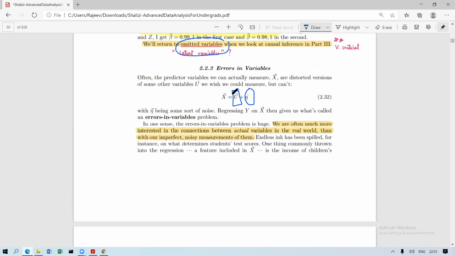So even the optimal predictor of y on x will be different from the optimal predictor of y on u. Because this extra noise fundamentally changes what you're interested in, the optimal predictor also changes.